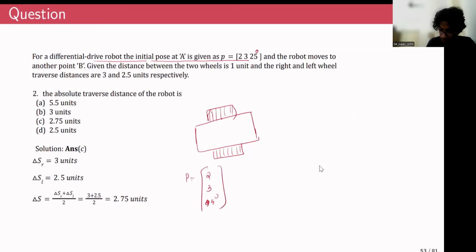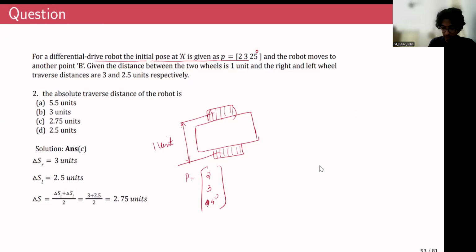And the robot moves to another point B. Given the distance between the two wheels as 1 unit, and the right and the left wheel traverse a distance of 3 and 2.5 units respectively, the absolute traverse distance of the robot is asked.